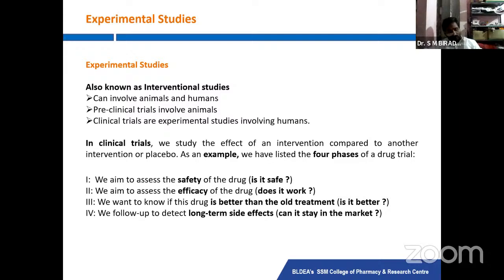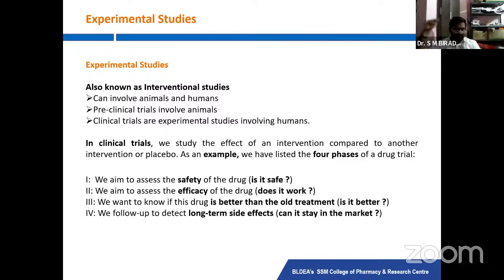Whether it is effective or non-effective is secondary. But you should not deteriorate the patient, or it should not give some other side effect. So the motto at the first stage is whether it is safe or not. What would be its side effects, or its adverse effects? If adverse effects occur, whether they are manageable or not. So our motto is to assess the safety of a drug in trial 1.